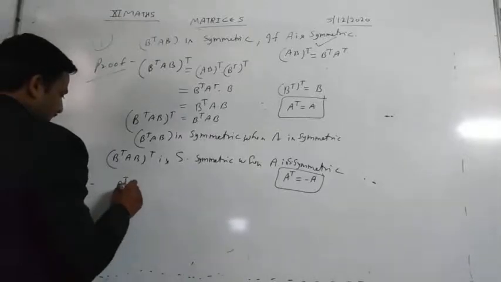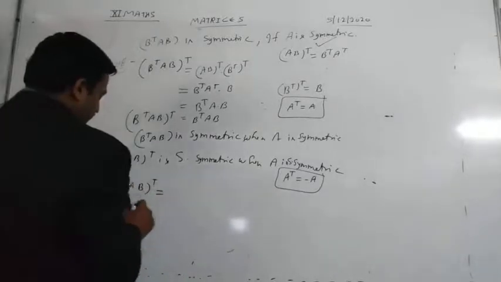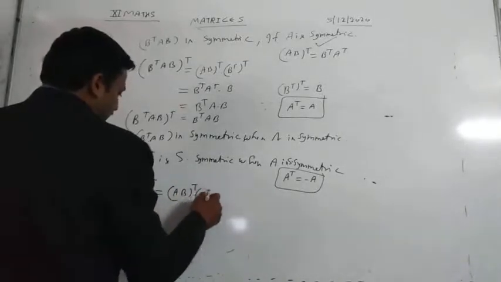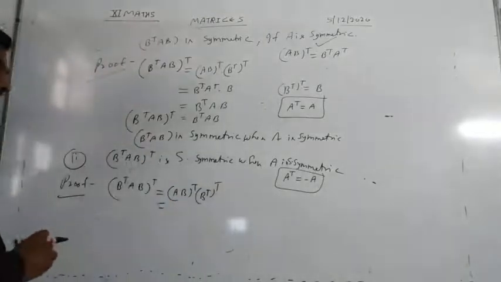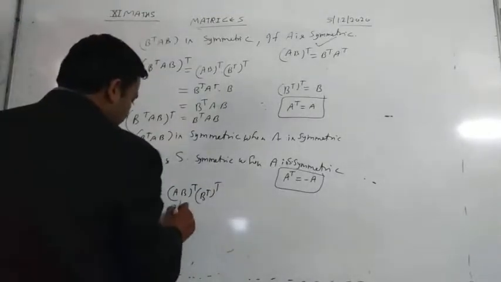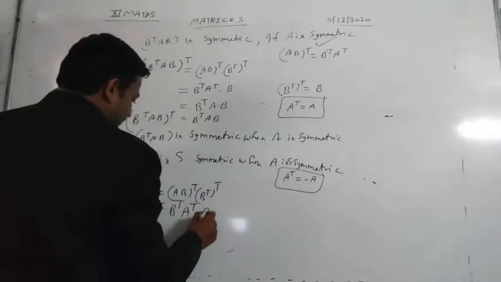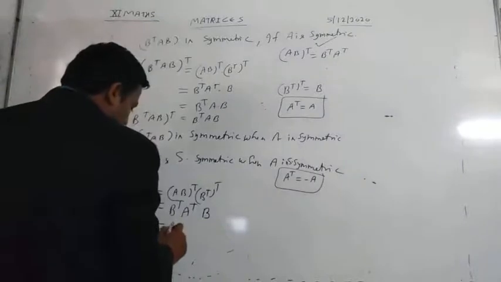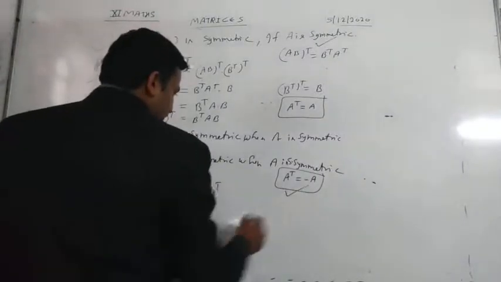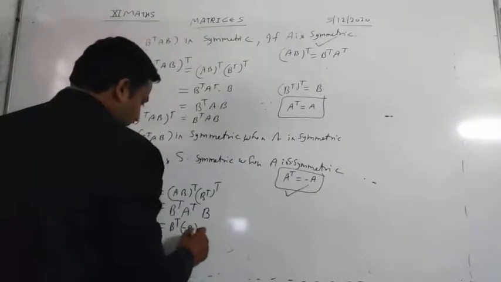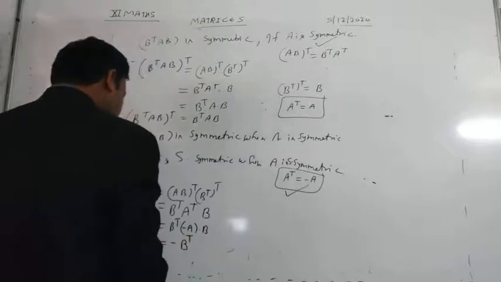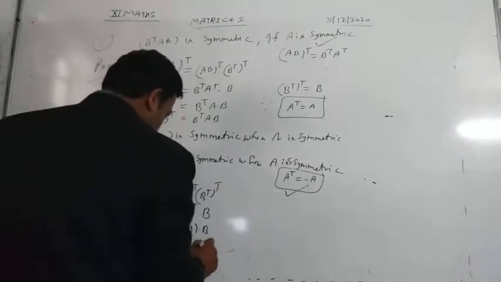B transpose AB whole transpose will be equal to what? Again in the same way, AB transpose of B transpose, B transpose A transpose, and this changes to B. I hope you understand, students. Now in the next step, A transpose is equal to minus A, and this is B, and we write the minus at the start, and here we get B transpose AB.